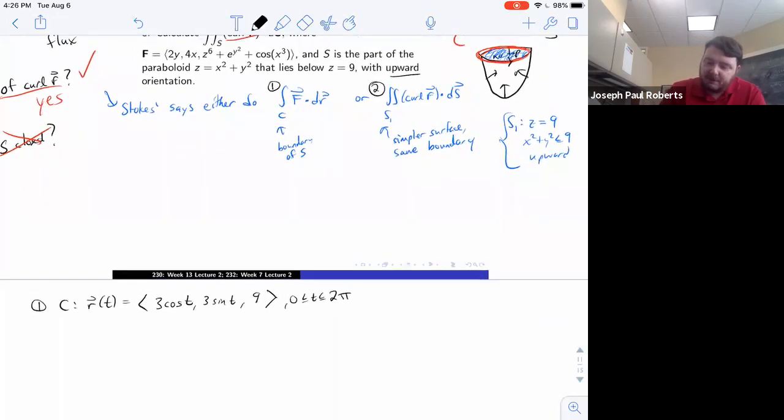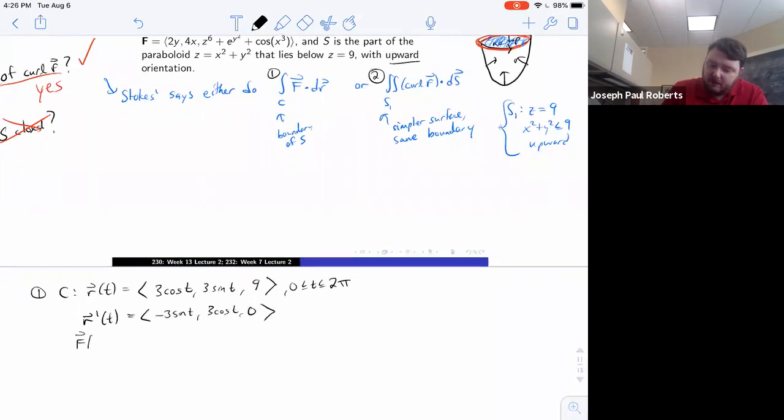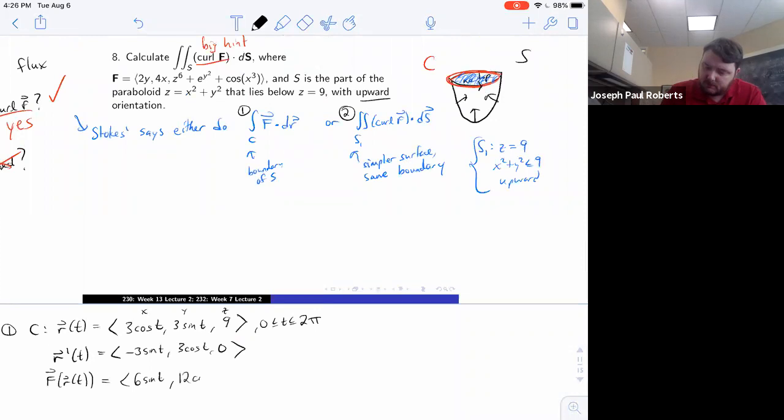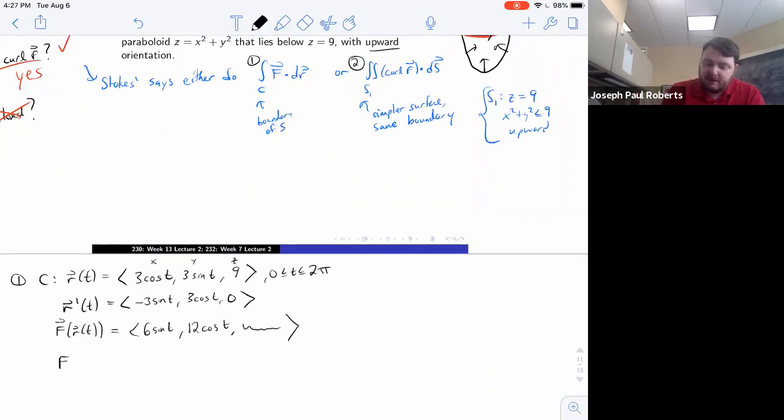So if I'm doing F dot dr, I need r prime of t, so minus 3 sine t, 3 cosine t, 0. I need F of r of t, which is 2y, x, y, z for x. I don't care what the third component is because the very next step is to dot F with r prime, and the third component of r prime was 0.